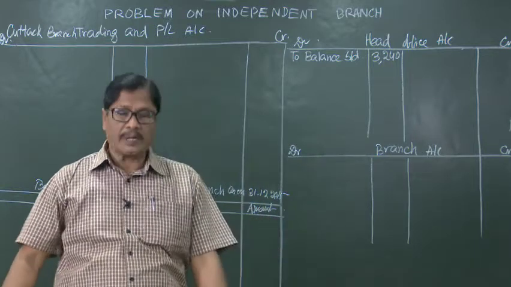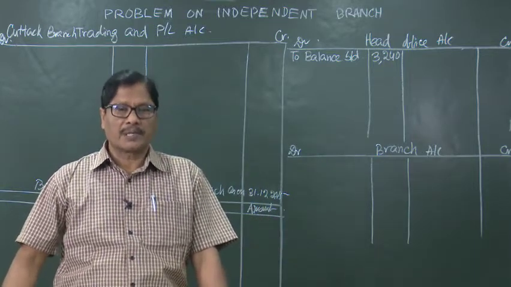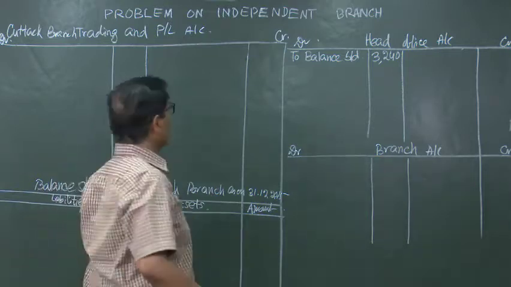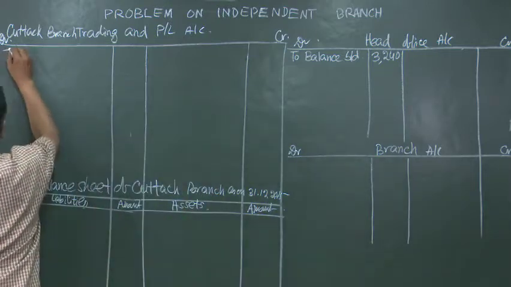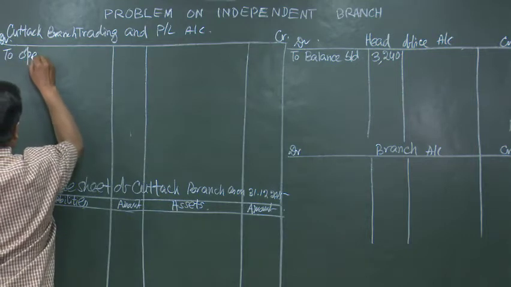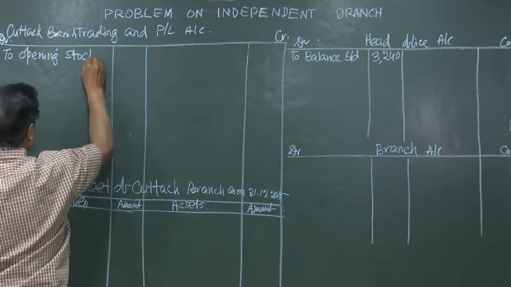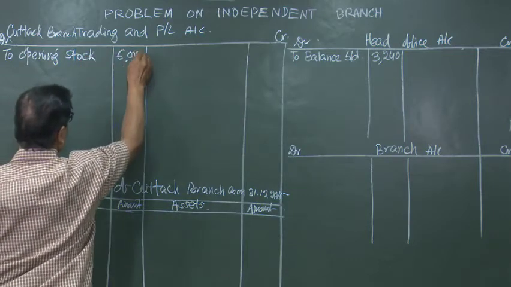Stock on 1st January 2015, we can call it opening stock, and the opening stock is 6,000. Opening stock will appear in the trading account. So, to opening stock 6,000.